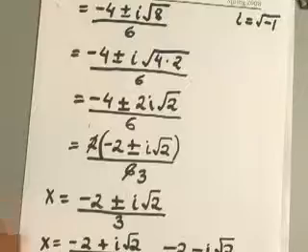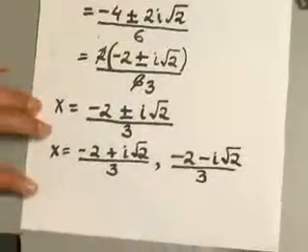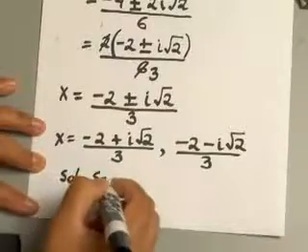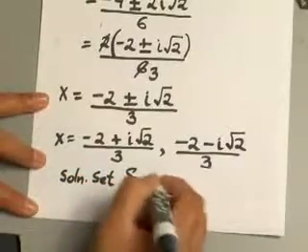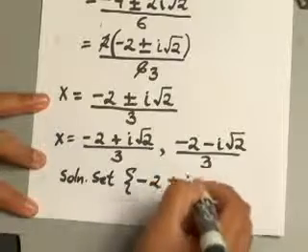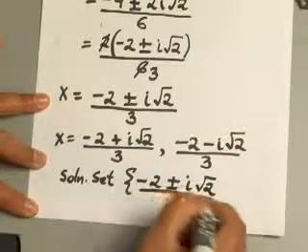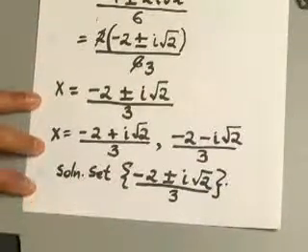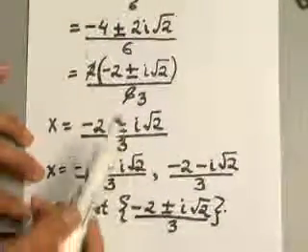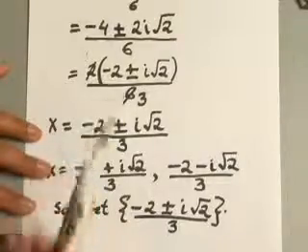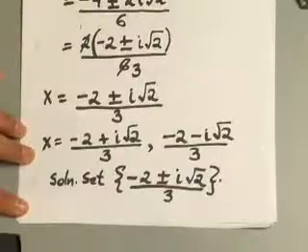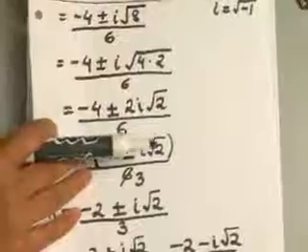So your solution set in this case will be negative 2 plus or minus i square root of 2 and the whole thing over 3. Okay, so in this case, since our denominator did not cancel out completely, we ended up with our answer having a denominator in it. Okay, and that will be your solution to our equation here.